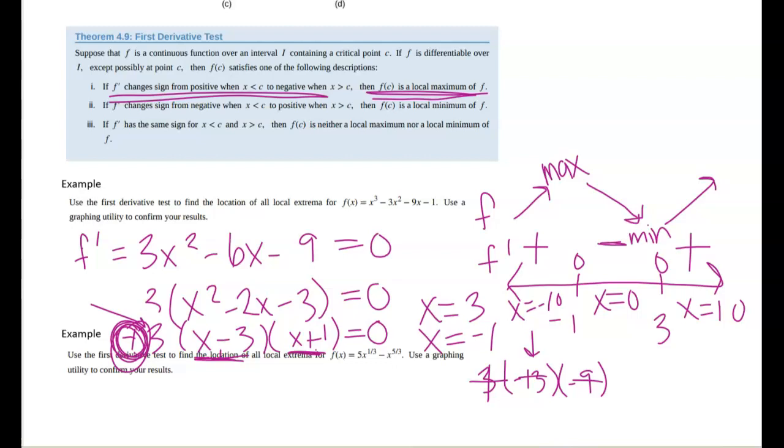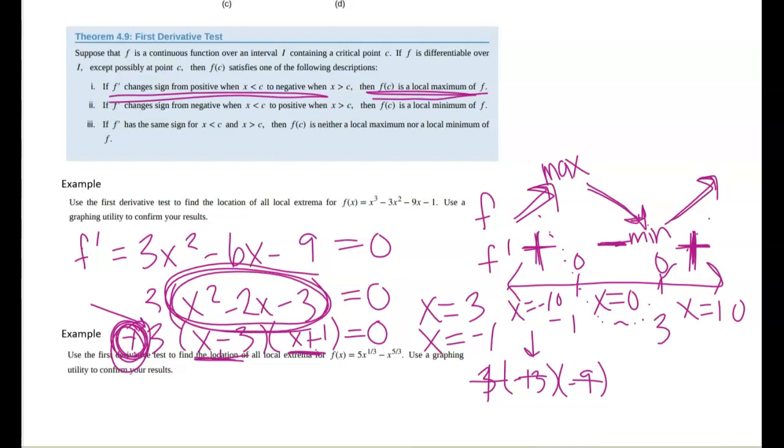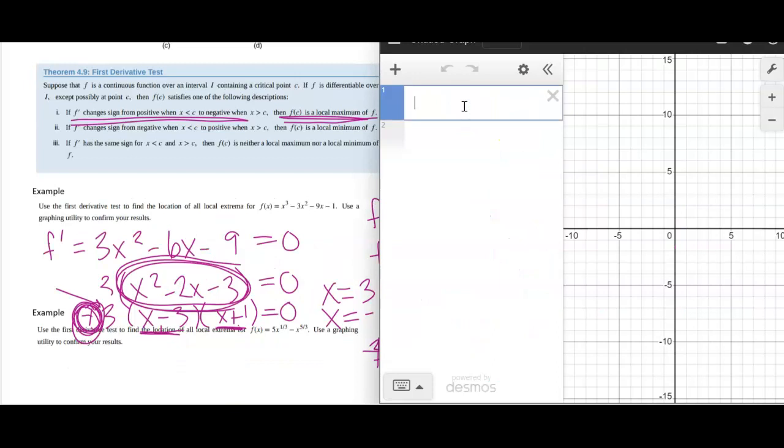Now, another thing you could do is say, oh, this is a quadratic that opens up and has 2 zeros. So f prime must have positive outputs, 0, negative outputs, 0, positive outputs. That could help you find your signs on your number line test, and then you could match it to increasing and decreasing. Now let's look at a graph of this just to verify what's going on.